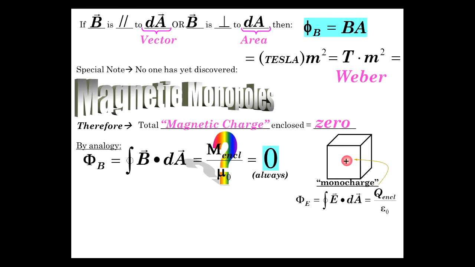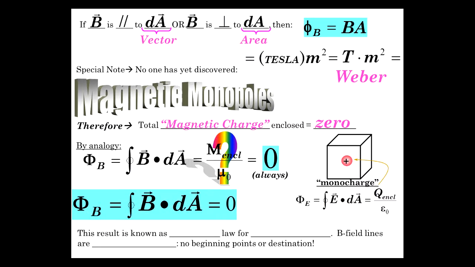So we have electric charges in isolation, like an electron or a proton or some other charge that's sitting there by itself, and our Gauss's law for electric flux, closed integral of E dot dA, equals Q enclosed over epsilon 0, and that's a non-zero quantity. Now it's 0. So closed integral of B dot dA is equal to 0.